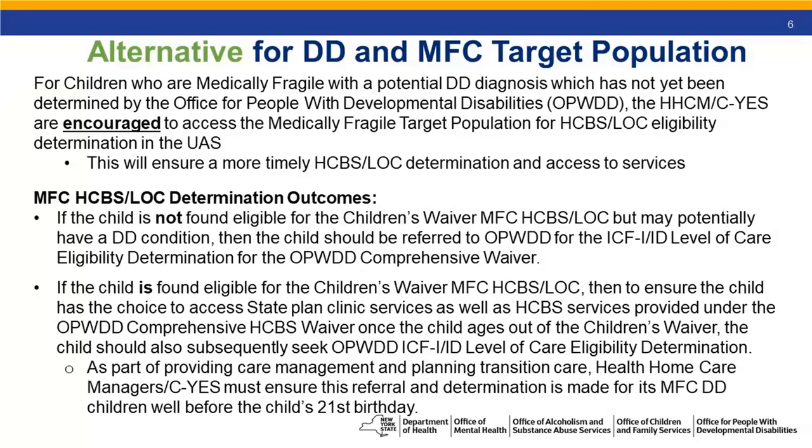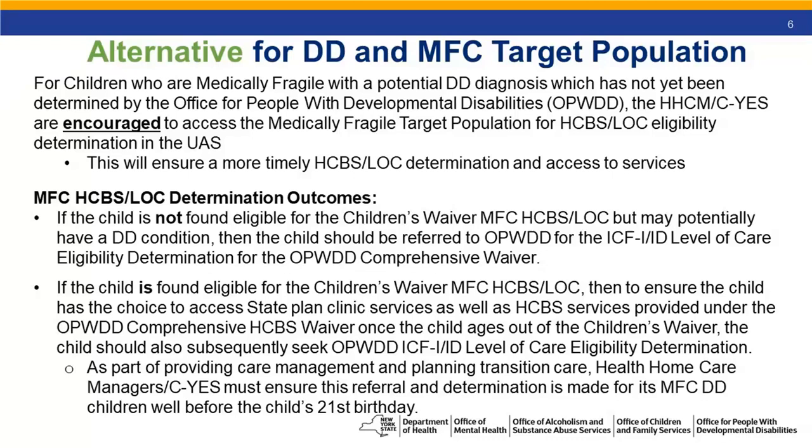And then this just outlines that if a child is not eligible for the children's waiver, but they have a DD condition or diagnosis, then you really want to get to know OPWDD and the ability to get them into the comprehensive waiver. And they will also mention this in the flows. They worked out a great process to make it easy for the care manager and CS.